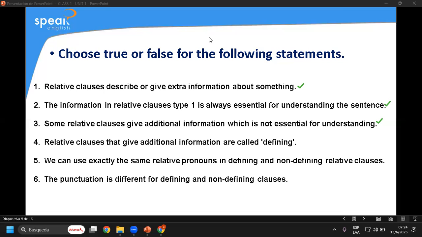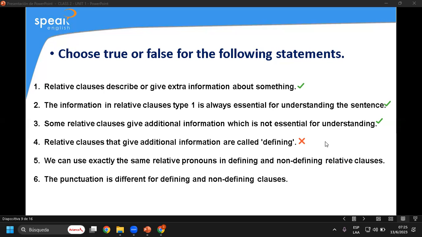That kind of relative clause gives necessary information. Very good. That's correct. So guys, the relative clauses that are giving additional or extra information, what is the name? Non-defining. Correct. Exactly. Pretty good job.